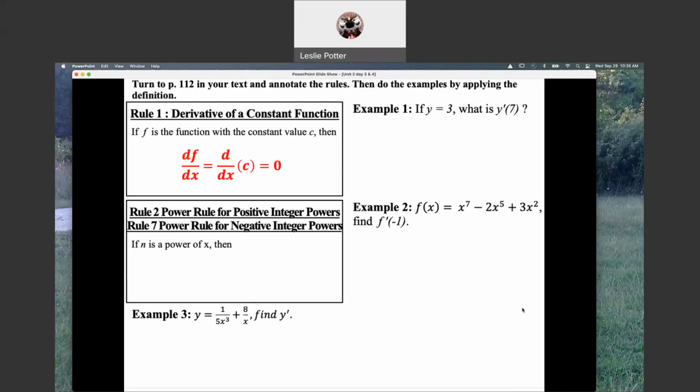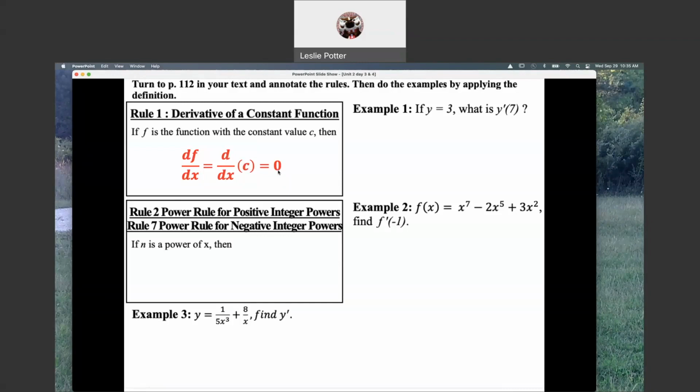Okay, so the constant rule says if my function is a constant, that's what this is right here. If I take the derivative of my function with respect to its variable, typically it's x, sometimes it's t, because sometimes we make things time-based. And my function is a constant value, its derivative is 0.